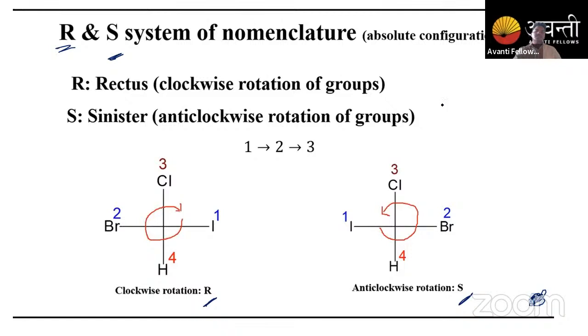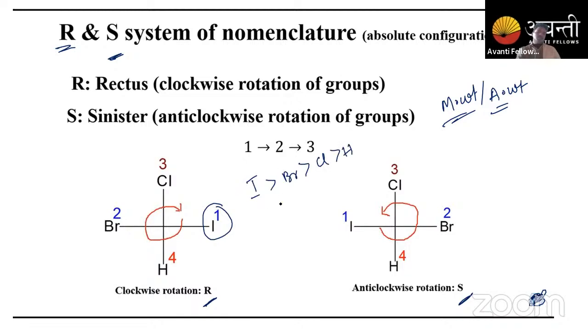Based upon the molecular weight or atomic weight, assign the numbers. So here you can see in these 4 compounds, iodine will get number 1 because the molecular weight of iodine is greater than bromine, then chlorine, and last hydrogen.